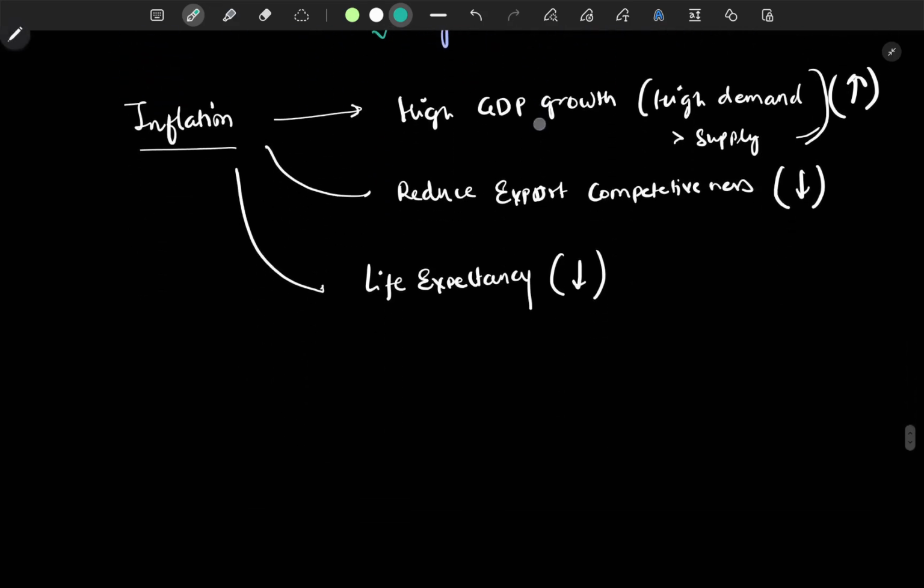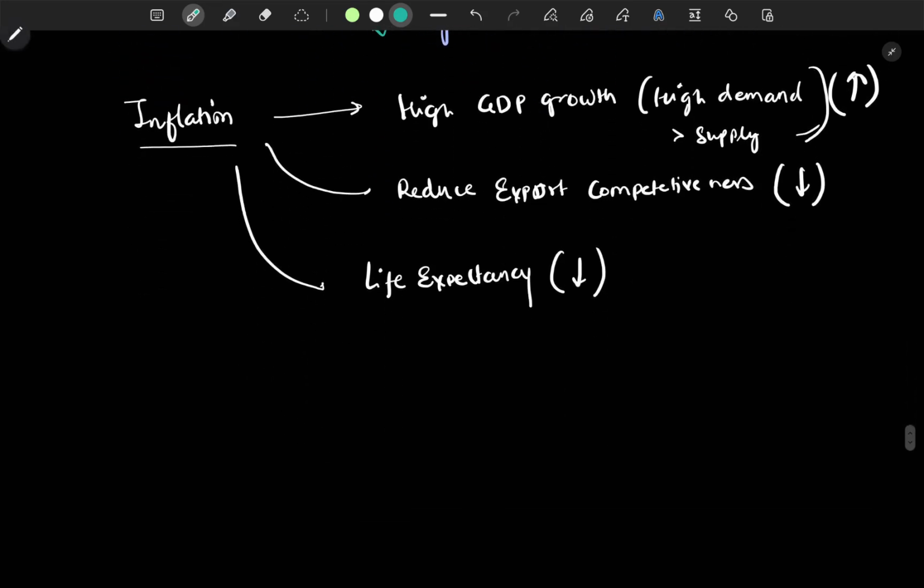Good. The inflation. Higher GDP growth means demand is higher than supply, the price of goods increases, and as the price increases, there is inflation. This reduces export competitiveness.